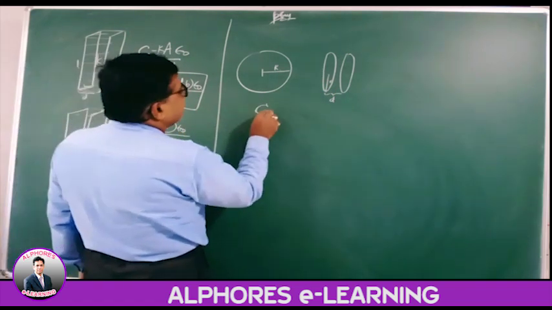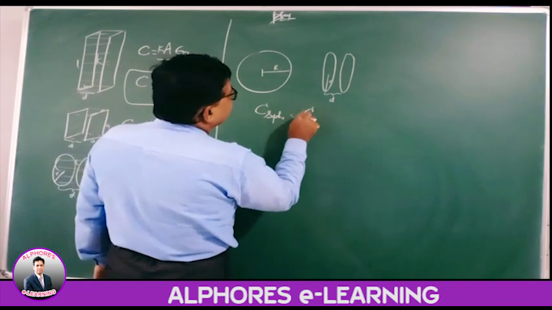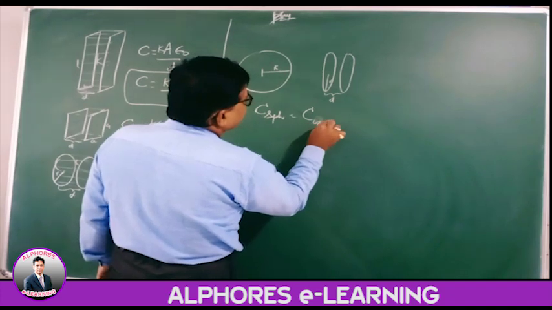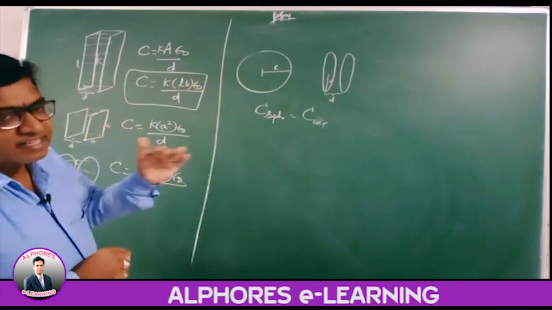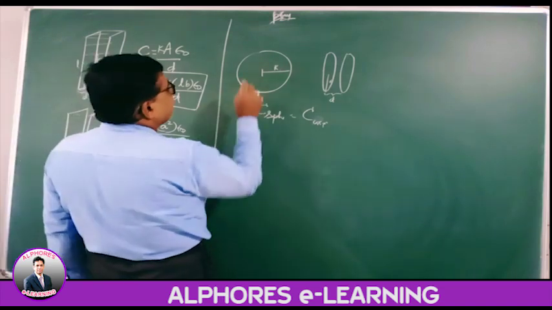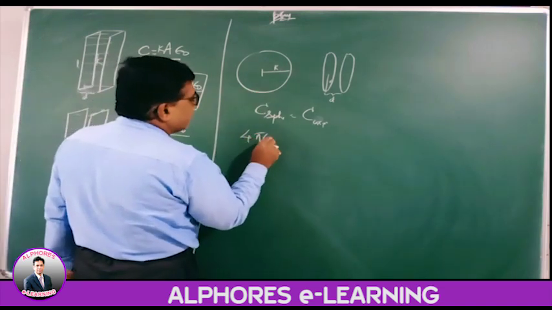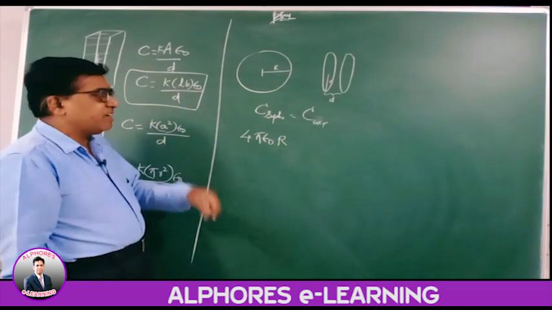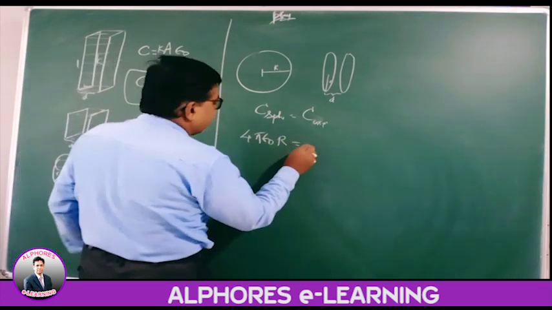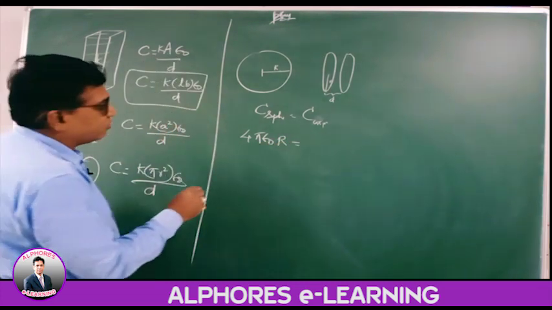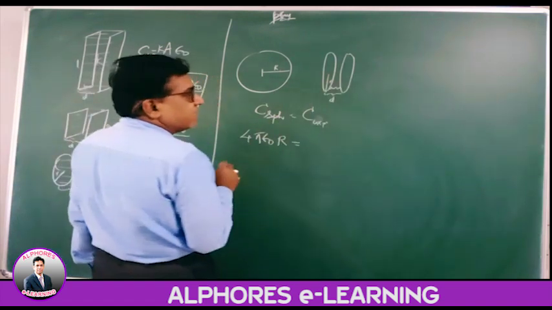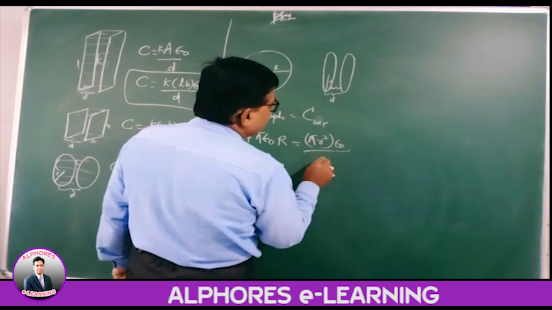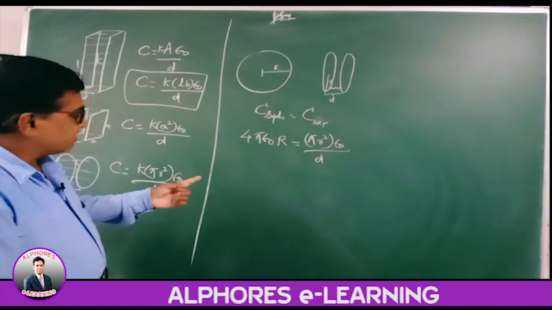If the capacity of a spherical conductor is the same as that of a parallel circular plate capacitor, what is the condition? I have proved that for a sphere of radius R the capacity is 4 pi epsilon naught R. For a circular plate capacitor with air between the plates, it is pi r square, the area, into epsilon naught by d.